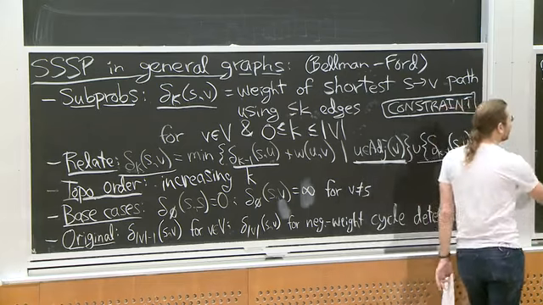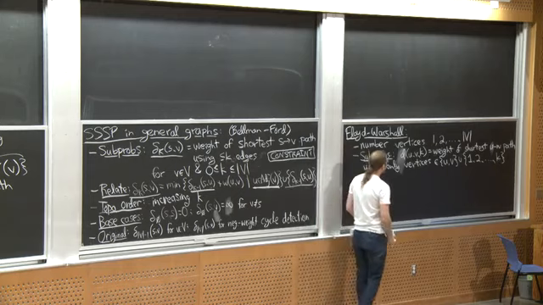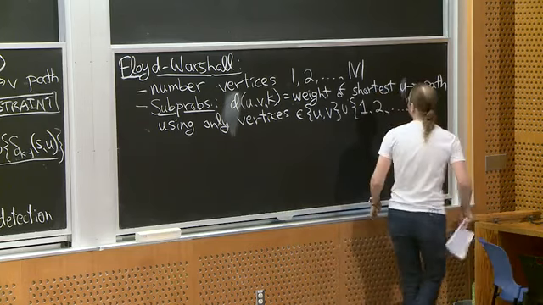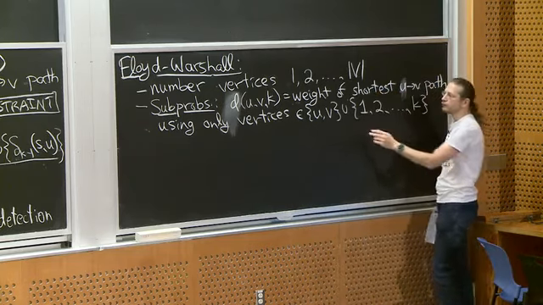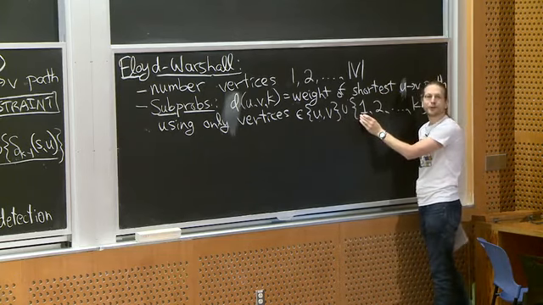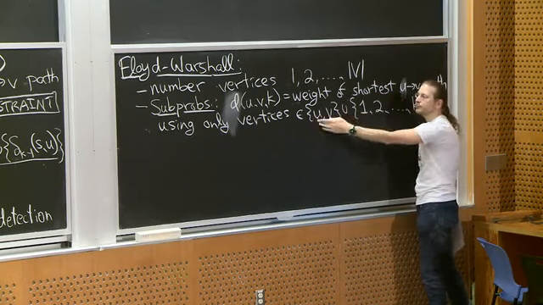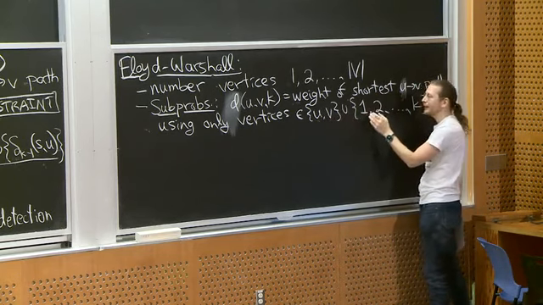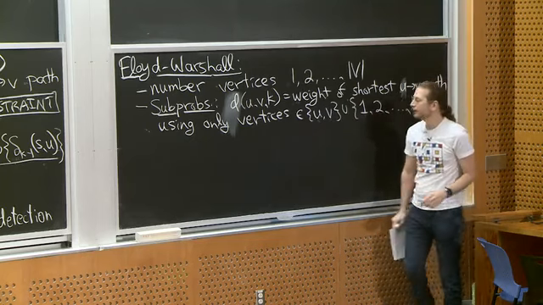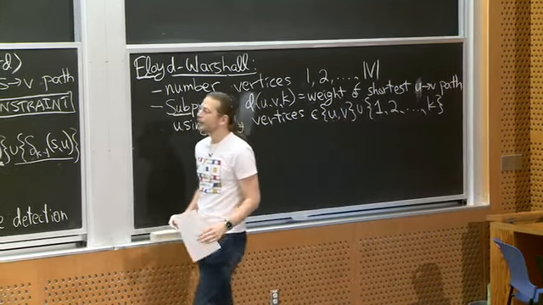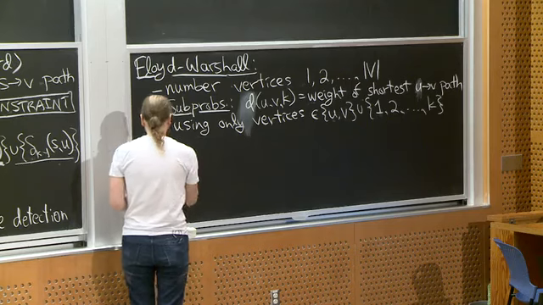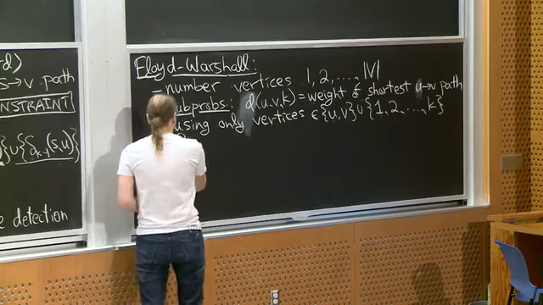But it turns out if you write the subproblems this way, so I'm naming the vertices, and say, well, let me just find a path that uses u, v and the vertex labeled 1. There's only like 2 options. I could go straight from u to v, or I could go from u to 1 to v. And then how about with 1 and 2, and 1 and 2 and 3? The same vertices, okay, by label instead of by counting them. Slight tweak, but it turns out this speeds up the algorithm.